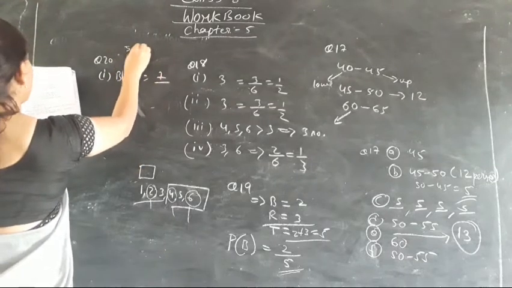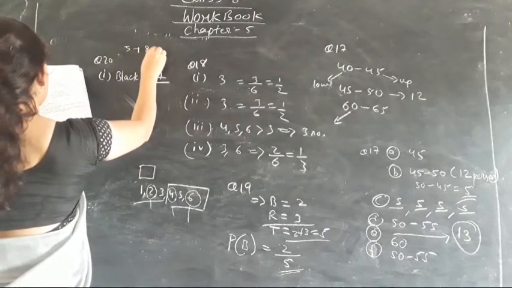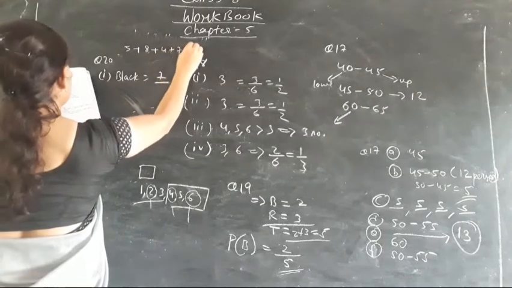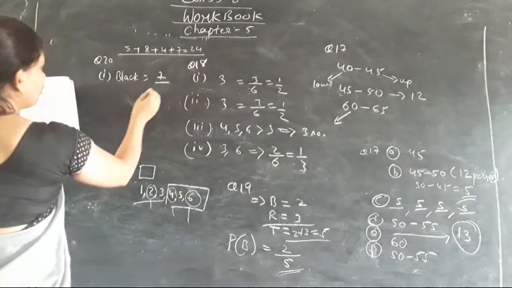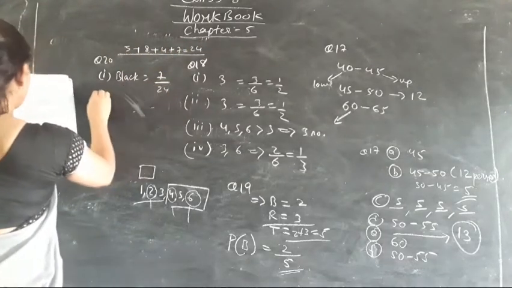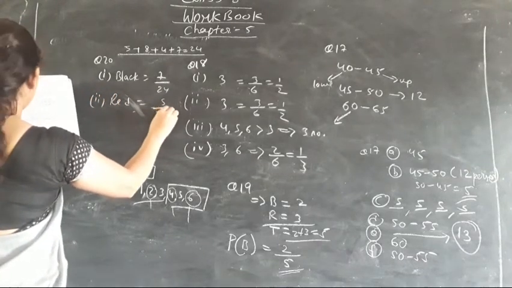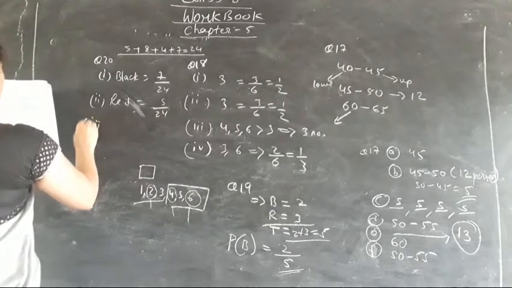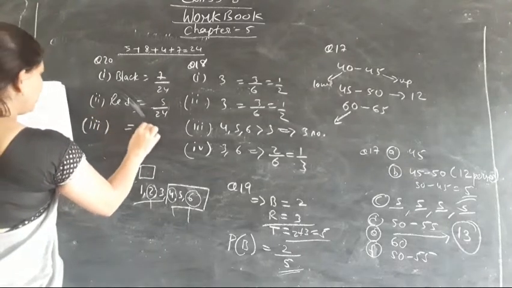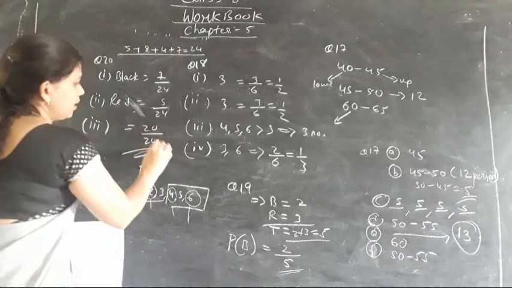And the total number of balls is 8 plus 5 plus 4 plus 7 is equal to 24. So 7 upon 24. Second, red, that is 5 upon 24, and not green, that is the rest, so it will be 20 upon 24.